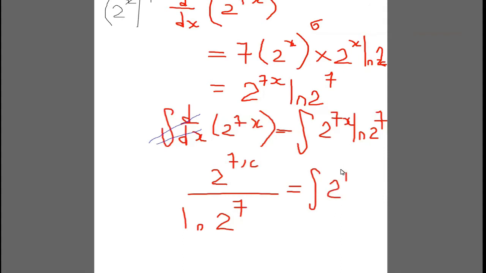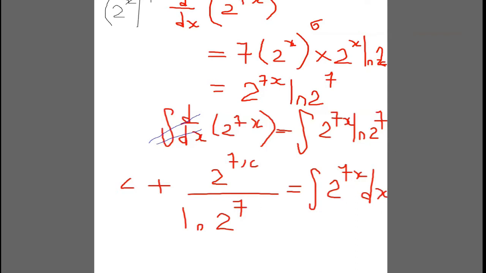All right? And that's how you integrate 2 to the 7x. The integral of 2 to the 7x is equal to 2 to the 7x over ln 2 to the 7th, and just add plus your constant of integration. So that's how you integrate 2 to the 7x. You have to find its derivative first, and then it's easier to observe and realize what's its integral.